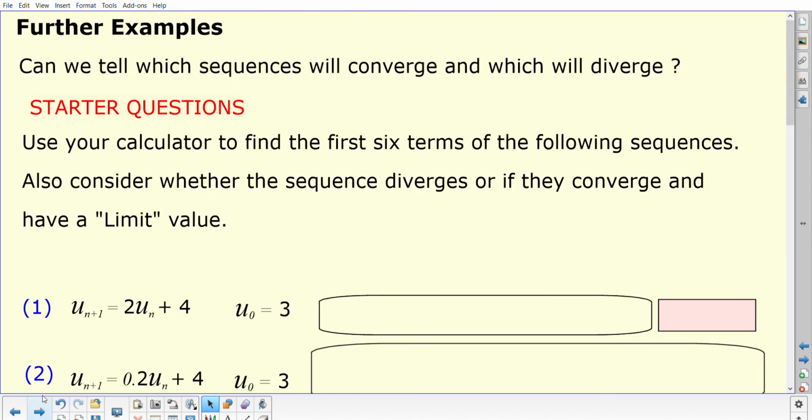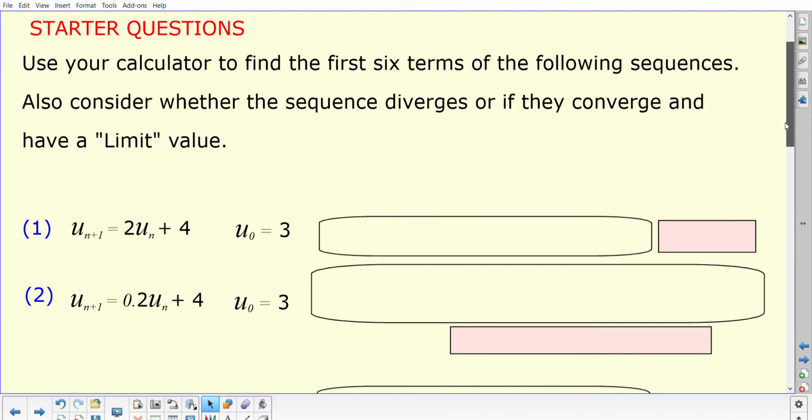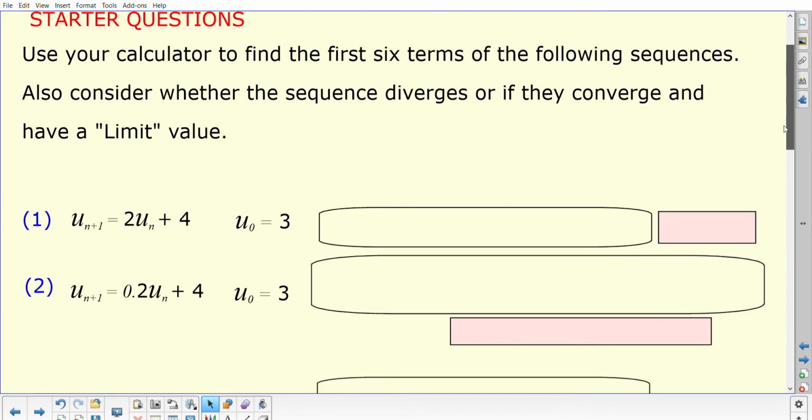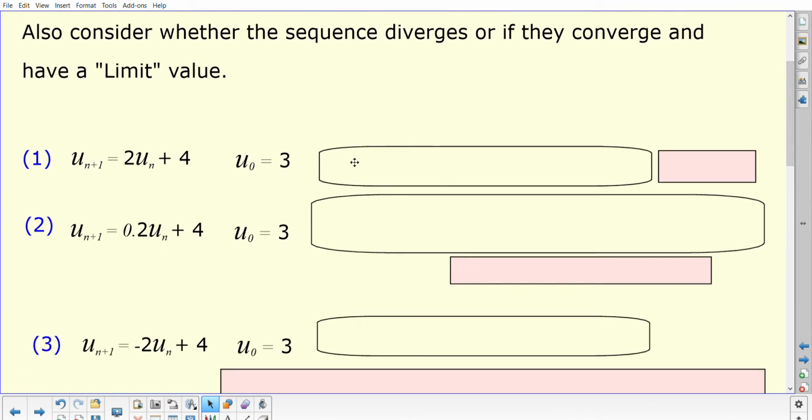So if we were to look at some additional recurrence relations, changing things like the number in front of the u(n) and also the number on the end, the initial value doesn't make any difference. These are just some examples that we're going to look at to see whether or not the sequence diverges.